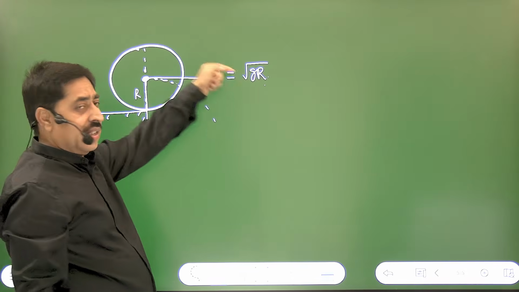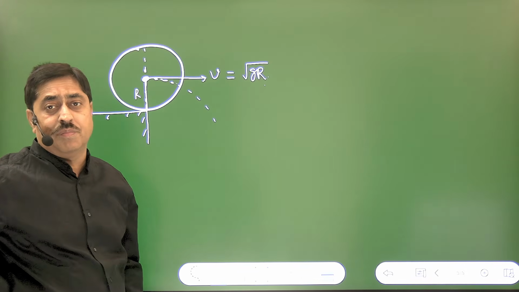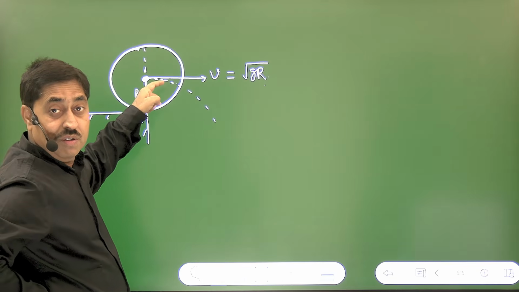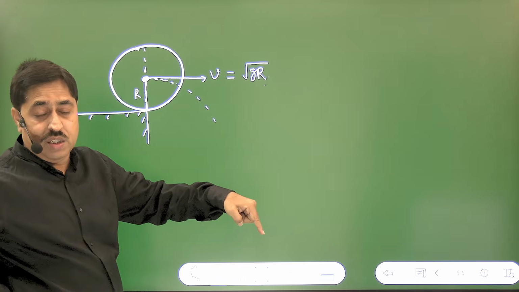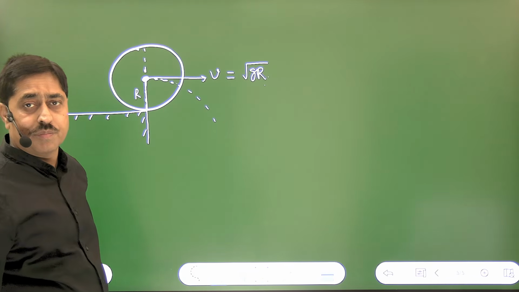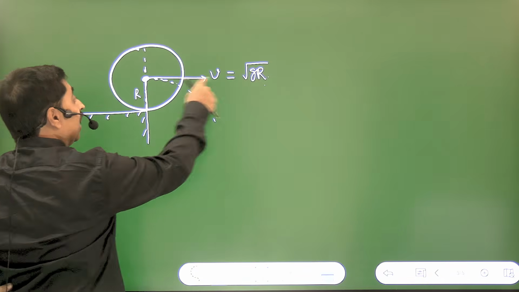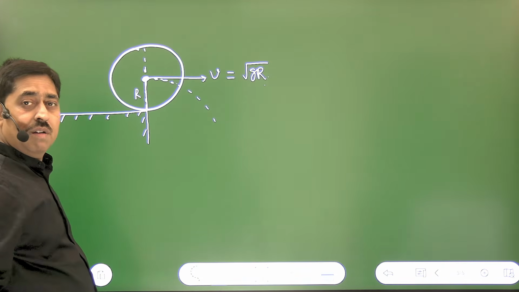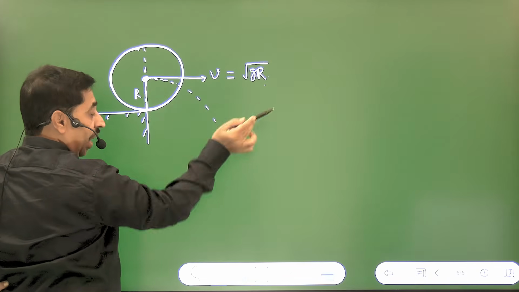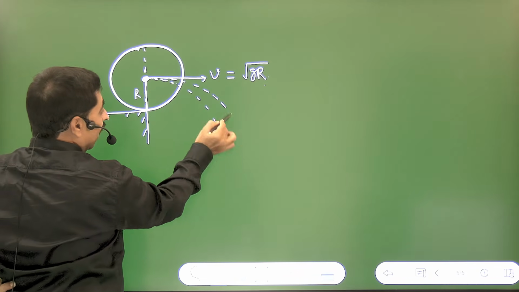Then this point, the center of mass, will go on a path that has radius of curvature exactly equal to r. If the speed is greater than this, then this point will move in a circular arc or a path which has radius of curvature greater than r.